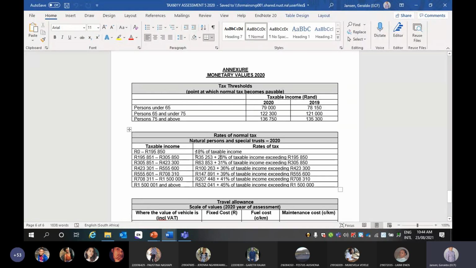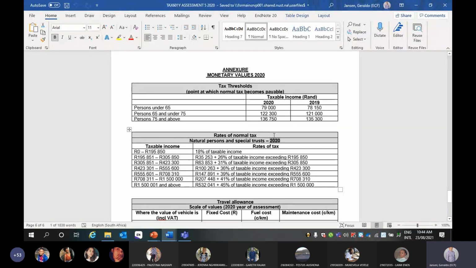Now, guys, here you see the rates of normal tax for natural persons and special trusts. This is still 2020. I'm going to give you 2021 in the exam. Just for your purposes, I always give you this table. You don't have to study this by heart.